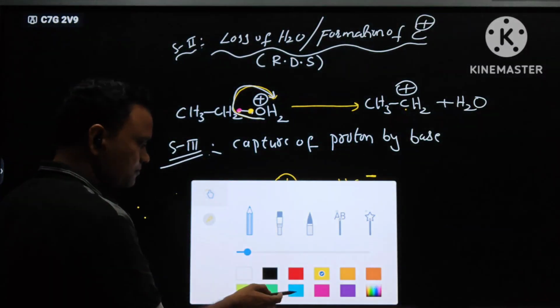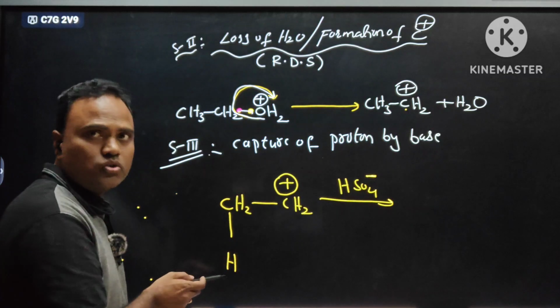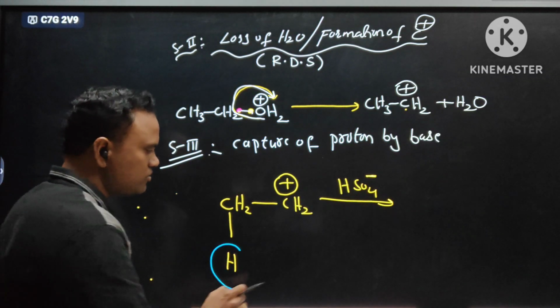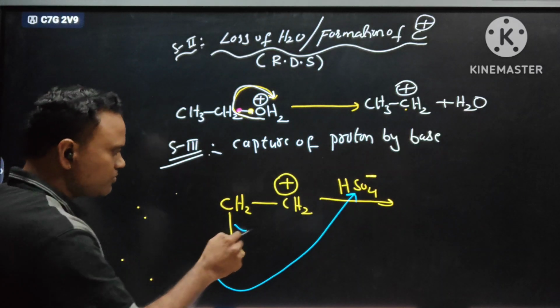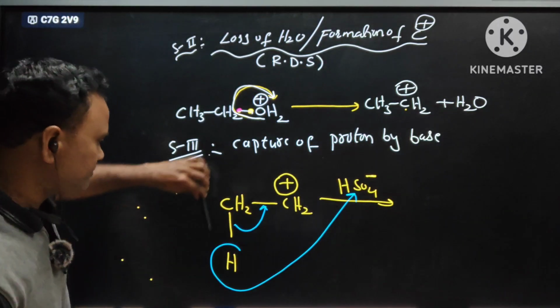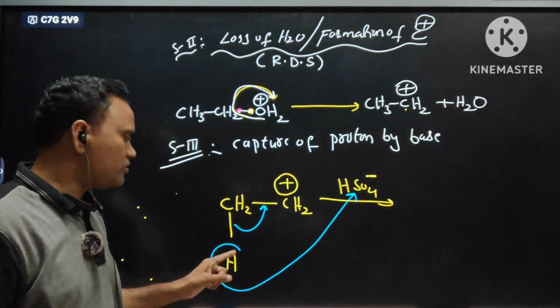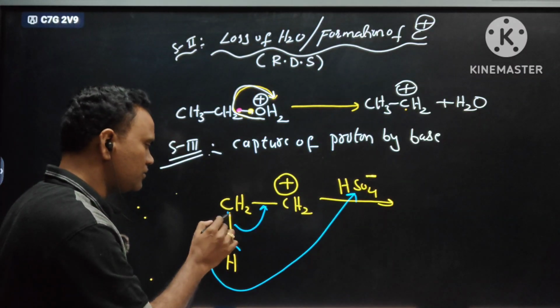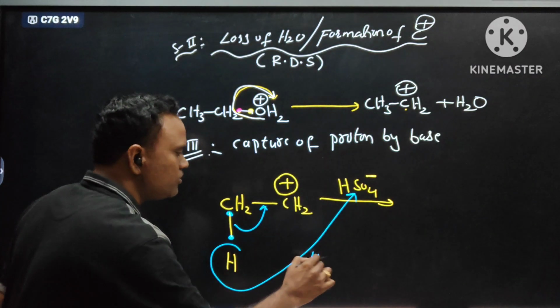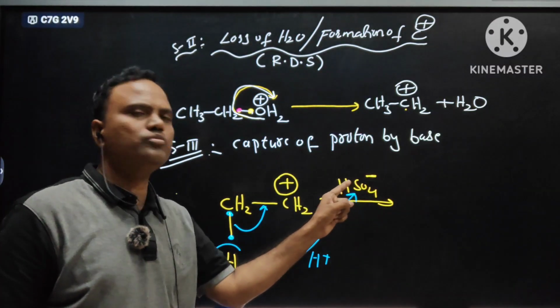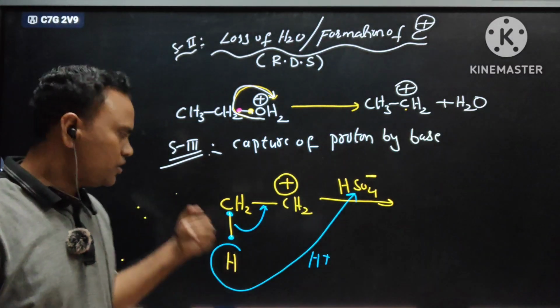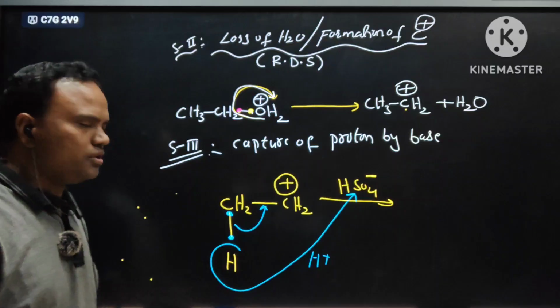Look at this. This hydrogen, without the bond pair of electrons, moves towards HSO4 minus. At that time, this bond will move towards this side, because hydrogen is leaving its electron here only and going as H positive, without taking any electron.